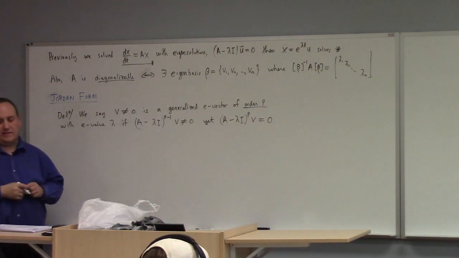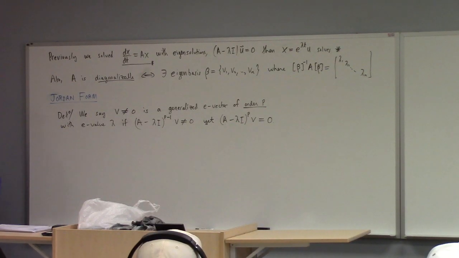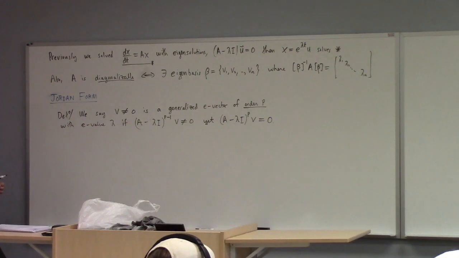This makes v a generalized eigenvector of order p for A, right? This is all with respect to the matrix A, all right?